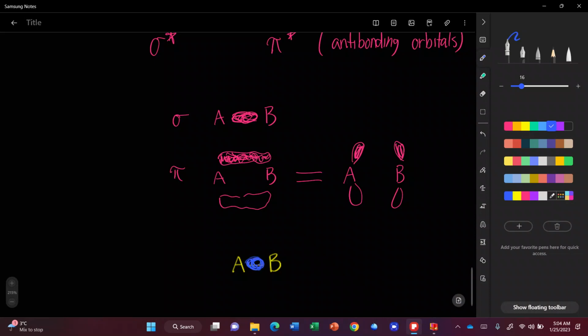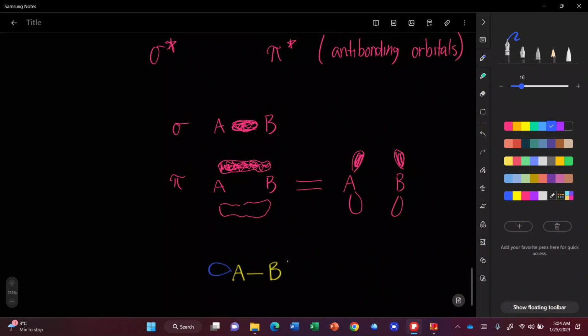But the sigma star orbital is actually outside of the bonding axis. This is what a sigma star orbital looks like, and I'll go ahead and shade these in. So instead of being between the two nuclei, it's on the outskirts of the two nuclei.